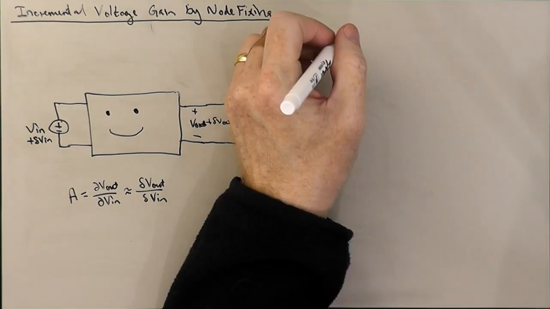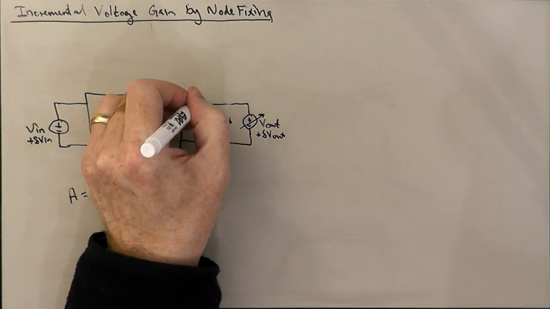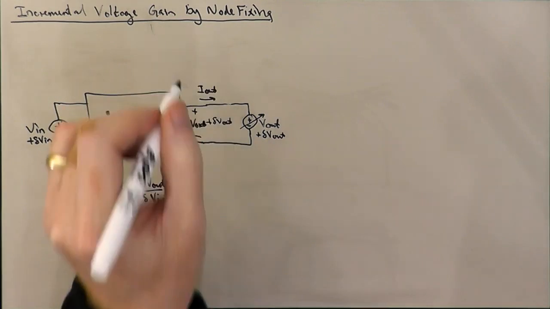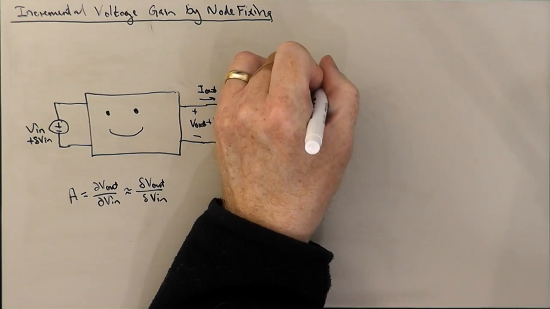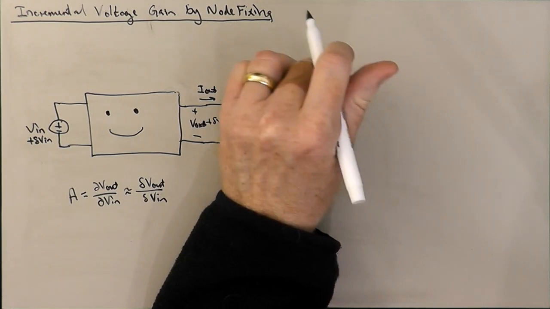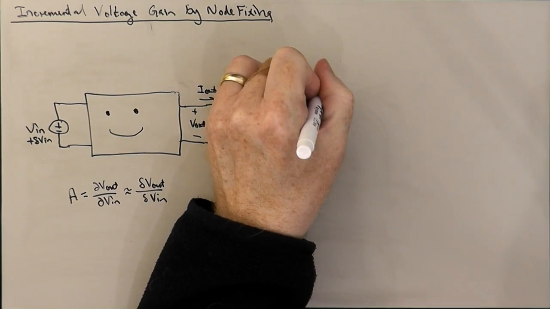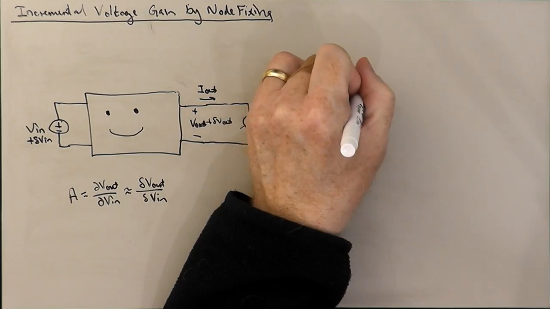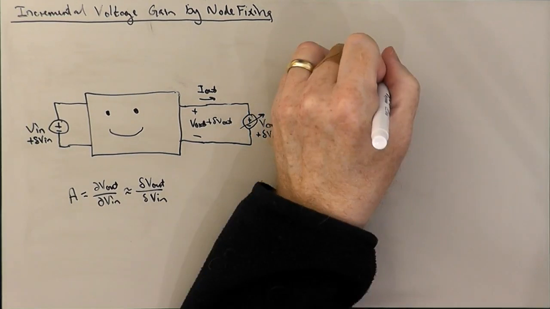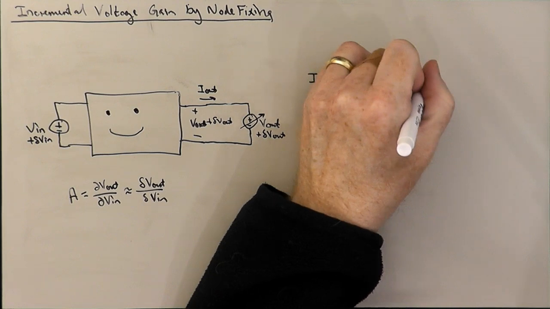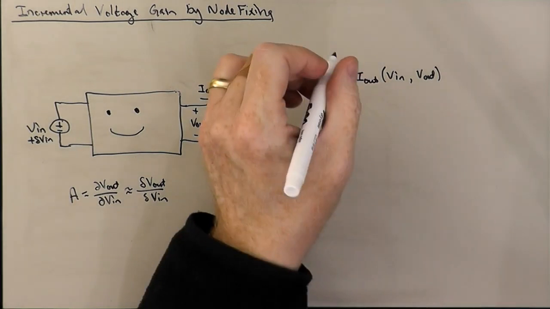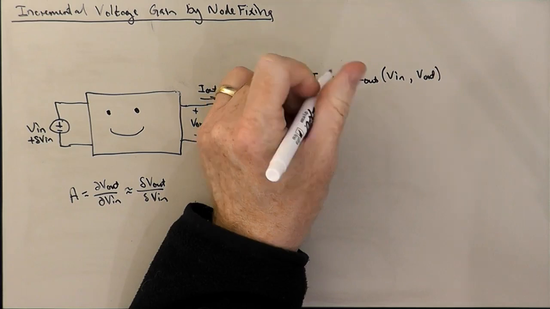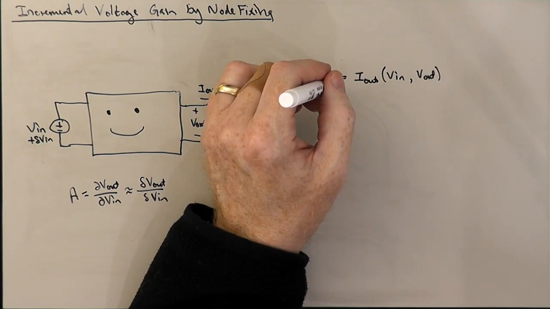Now, we can write in general the output current I out as a function of, let's see, I out is going to be a function of two things. I out is a function of both V in and V out here. And if we imagine this as a surface, right?